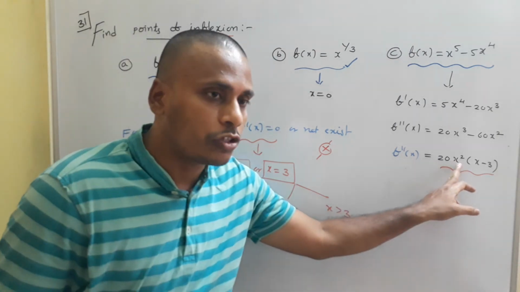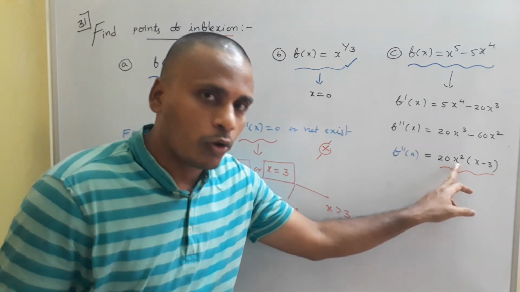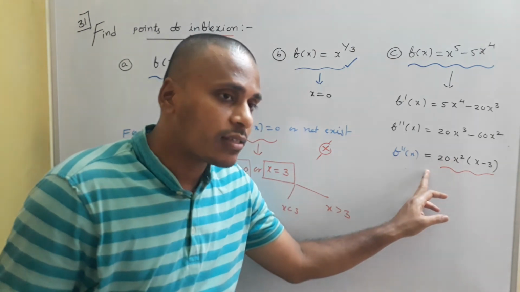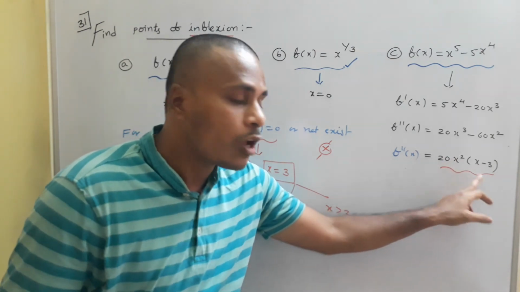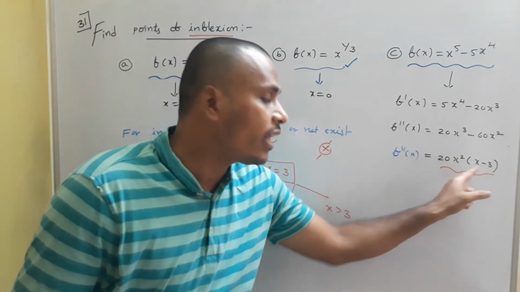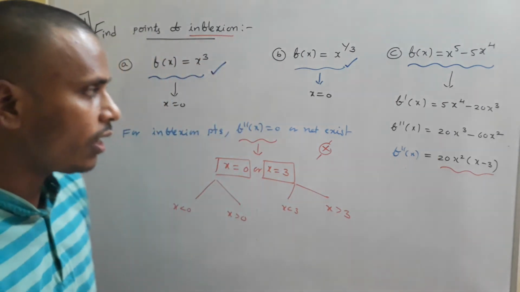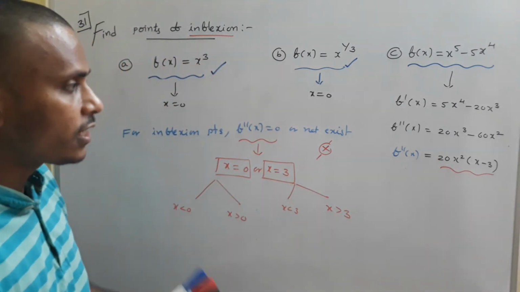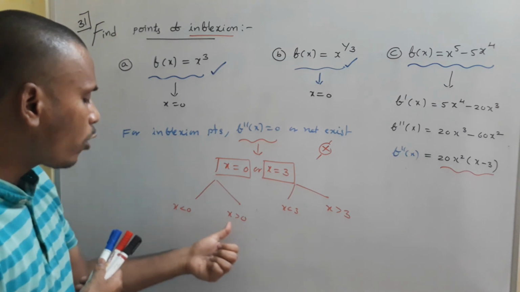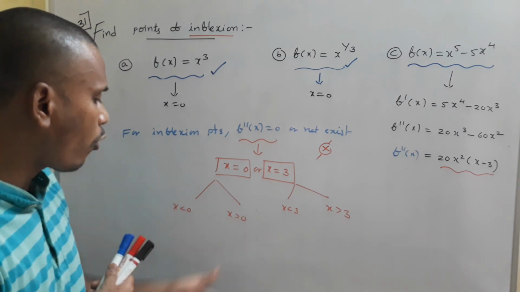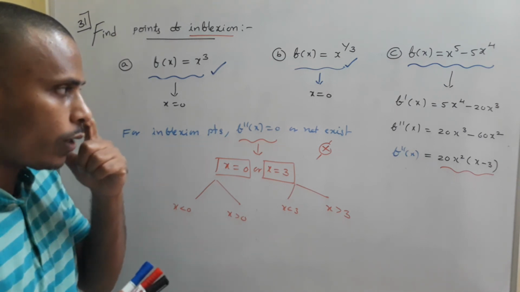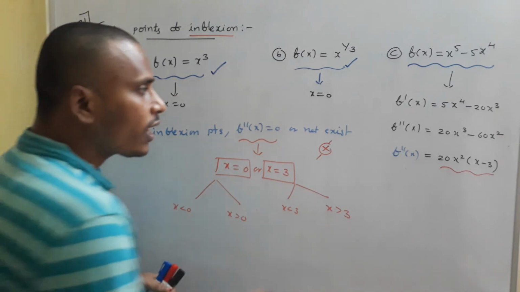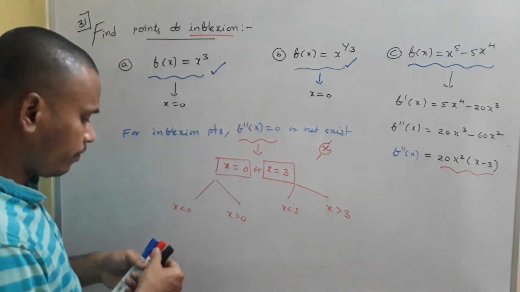Since x square is positive, the left side of x as well as the right side of x won't affect this second derivative value. Usually in the neighborhood of x, we will take some 0.1 or minus 0.1 like that. In both cases second derivative is negative.